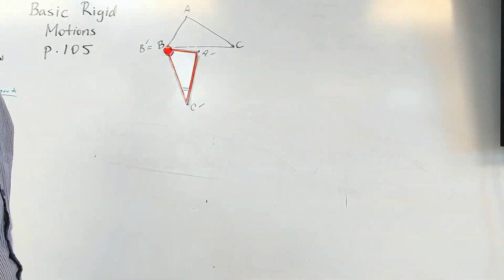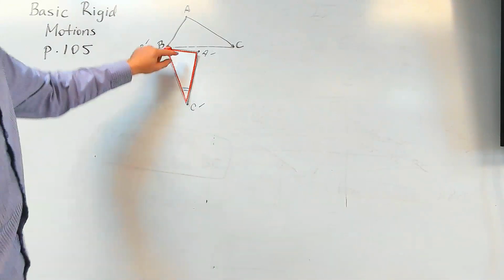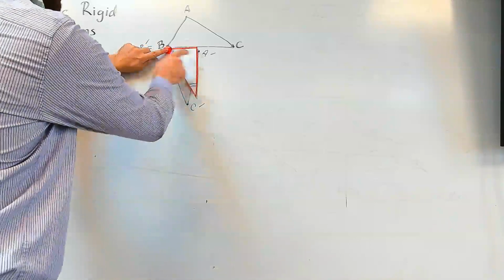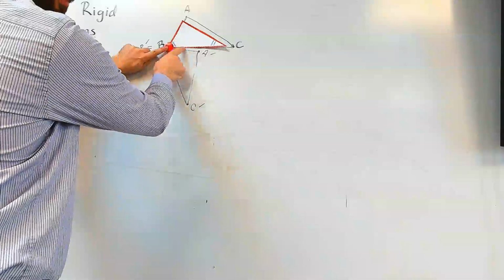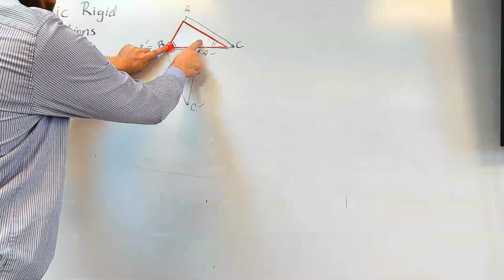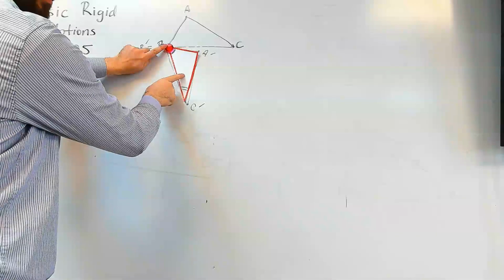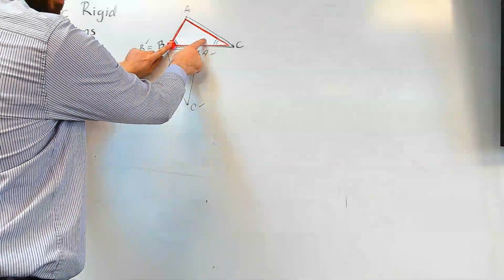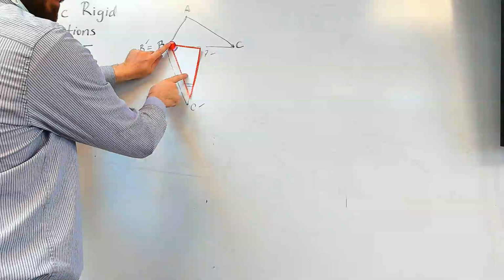So you could probably guess which one it was. How do we get from ABC to ABC prime where it is now? Well, we went from ABC and we rotated it to ABC prime. Again, we went from triangle ABC to triangle ABC prime.